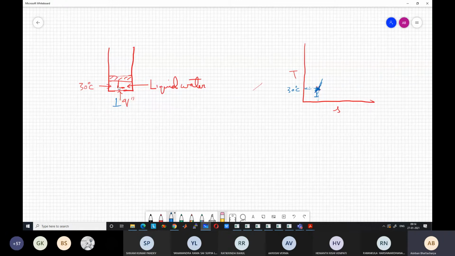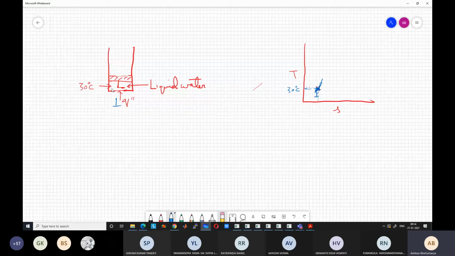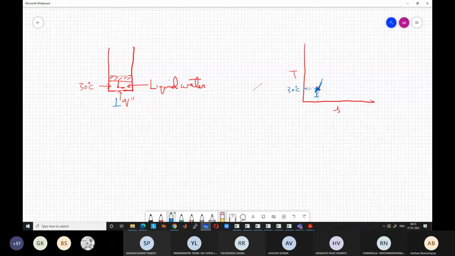We know that with increasing temperature, the density of water decreases, so specific volume will increase. Say at some point, our piston is now at this new location.